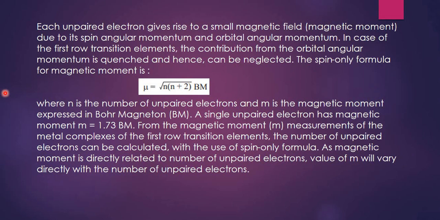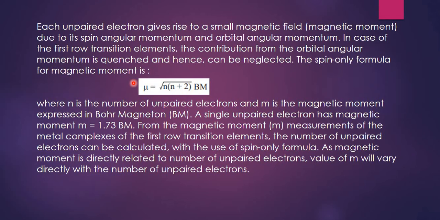The spin only formula for magnetic moment is given as mu equal to square root of n times (n plus 2) Bohr magneton, where n is the number of unpaired electrons and mu is the magnetic moment in Bohr magneton. From the magnetic moment measurement of metal complexes of the 3d elements, the number of unpaired electrons can be calculated using the spin only formula.